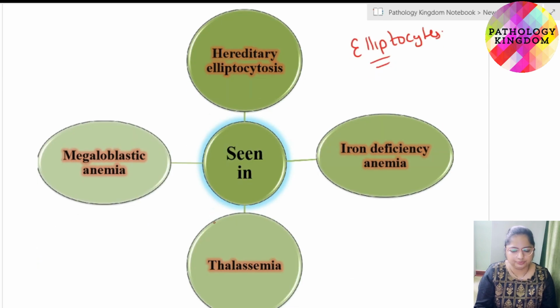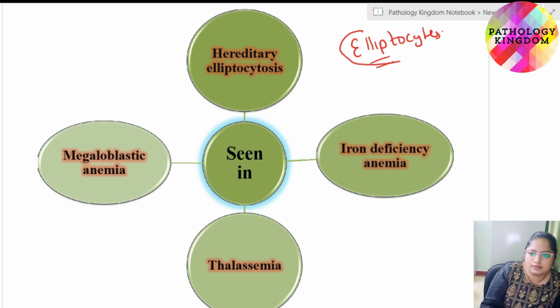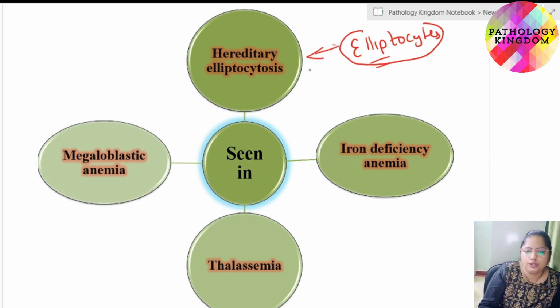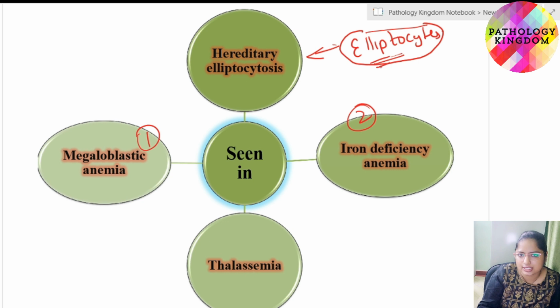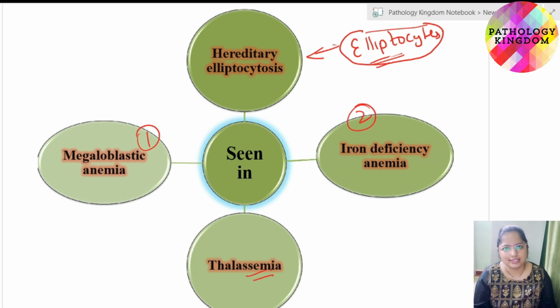How can you memorize this? Elliptocytes are seen in hereditary elliptocytosis, and two nutritional deficiency anemias, that is megaloblastic and iron deficiency anemia, and the last is thalassemia. You can find elliptocytes in these conditions.